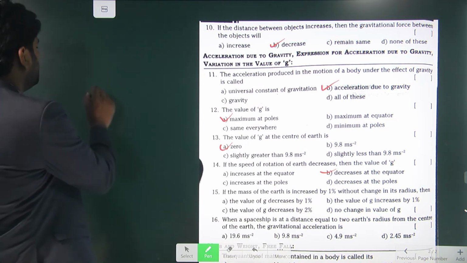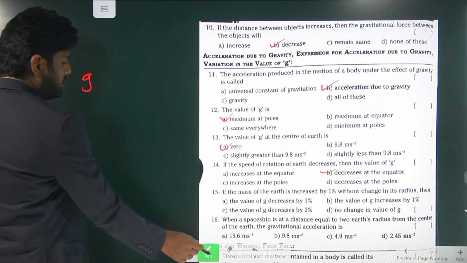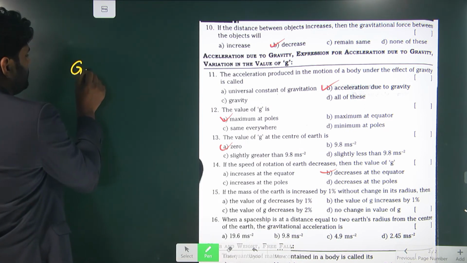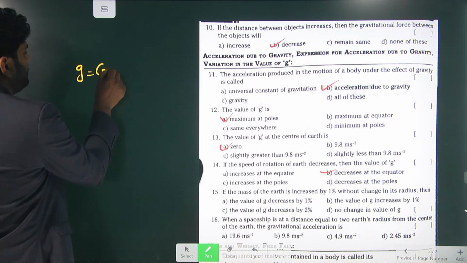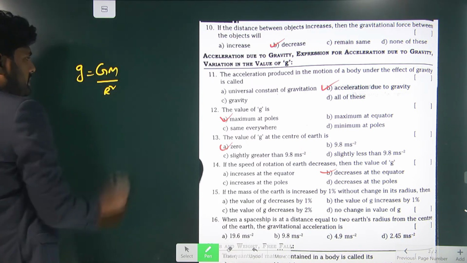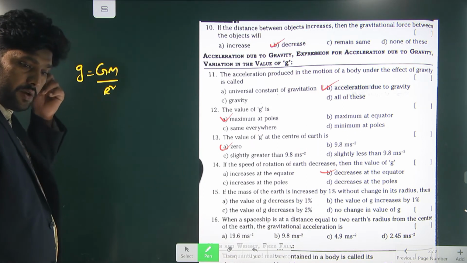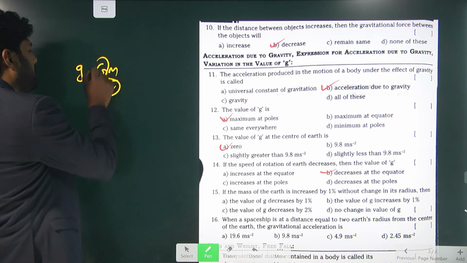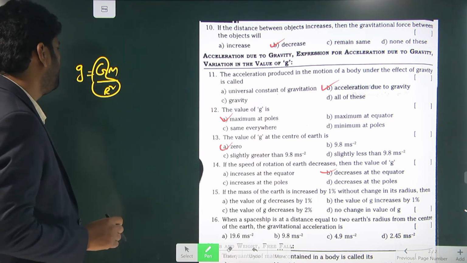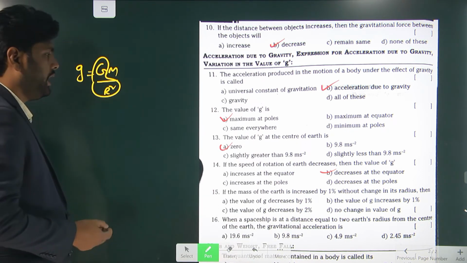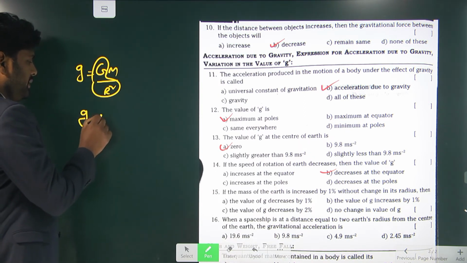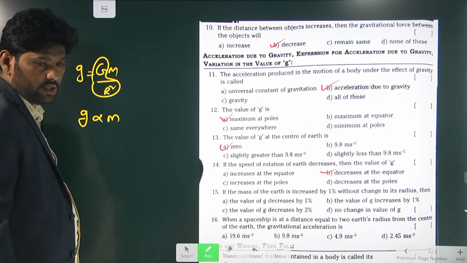Small g is equal to capital G M by r square. As we are not changing G and the radius, these are constant. So acceleration due to gravity is directly proportional to the mass of the earth.